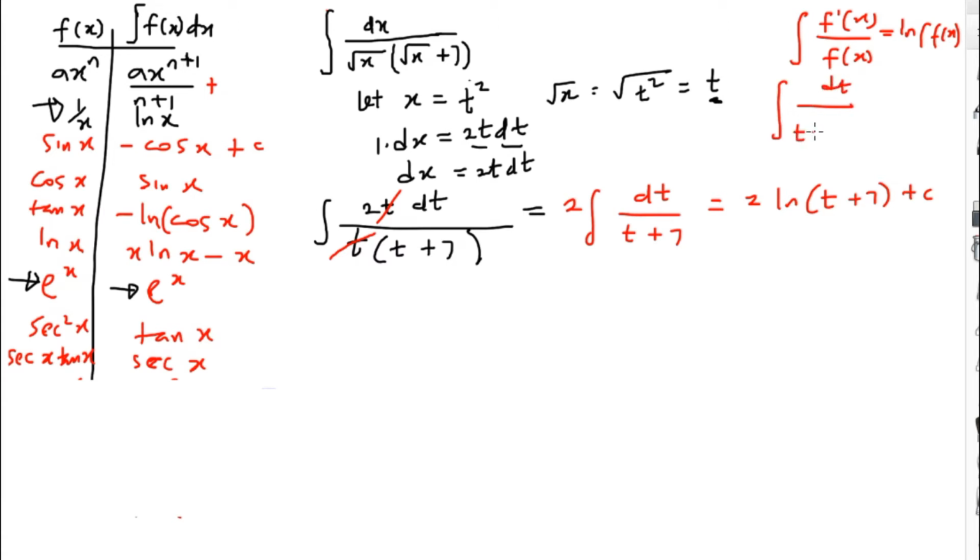And then what we have at the denominator is t plus 7. If you look at it very well, if you differentiate t plus 7, you will have dt. That's just what you will have, because if you differentiate t, that is dt. If you differentiate 7, that's 0. So what you will have is dt, or you can simply say what you will have is 1 times dt.